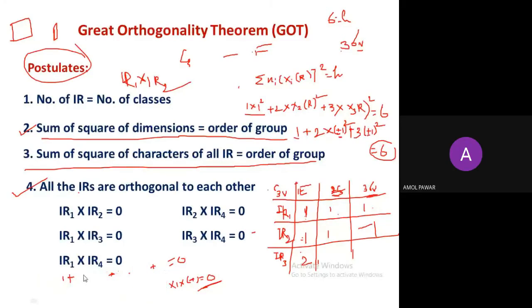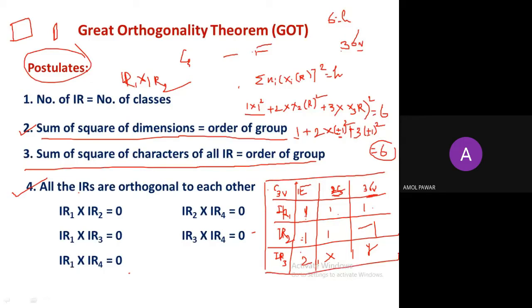Okay. Now what about these last characters of C3 and sigma v? So I can put here X and Y. So a competitive exam question comes like this: this is the character table, calculate or find out X and Y. So it's very simple. How to find out X and Y?